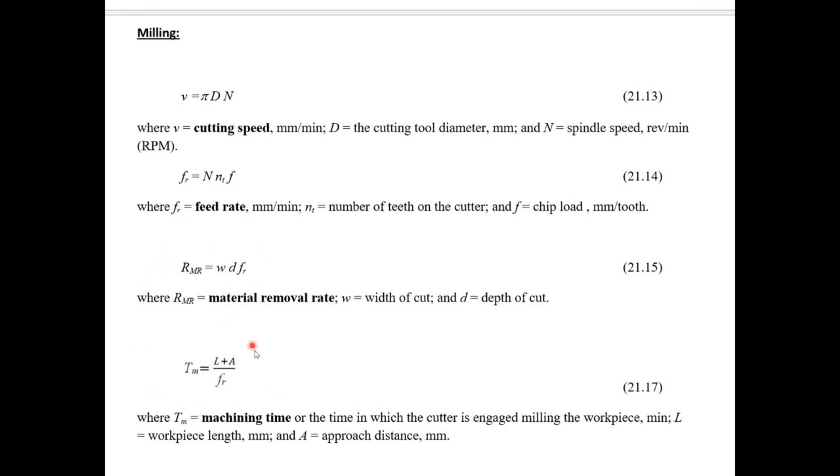And then the last equation on this page of the equation sheet is machining time, which is computed if we divide the distance to be traveled by the cutting tool by the feed rate. The distance is the summation of the length of the workpiece to be machined plus an allowance or extra distance to be traveled. How do we get this?